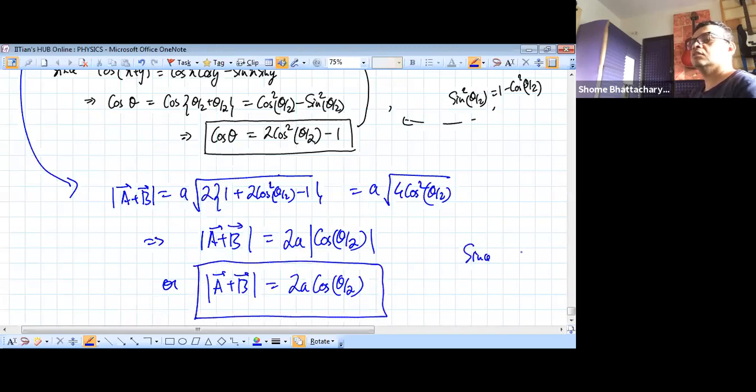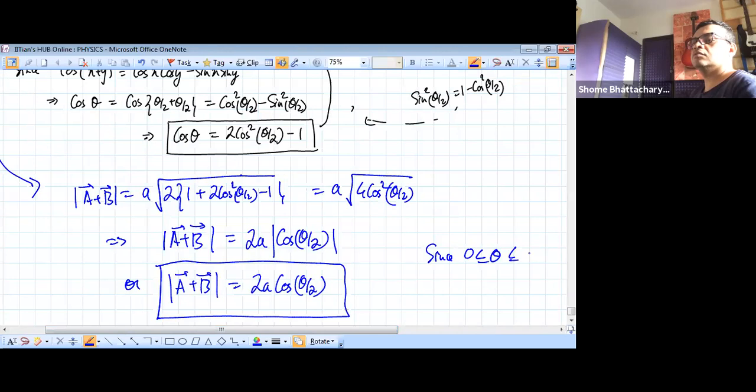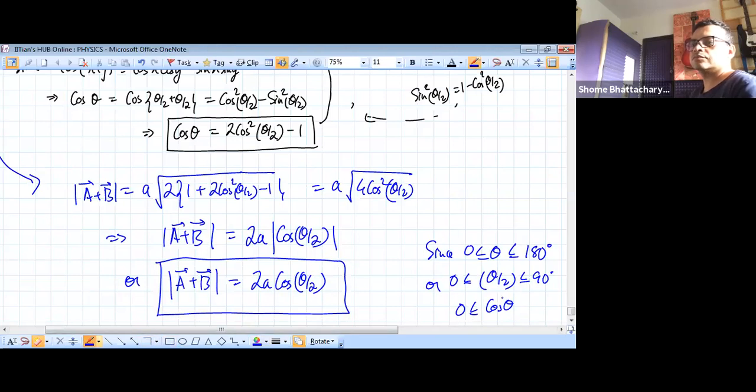So since theta is only between 0 and 180, theta by 2 is only between 0 and 90. So cos theta by 2 is only between 0 and 1. It's a non-negative quantity. So therefore, we can replace the mod with this. So this is proof the first thing, that the resultant is 2A cos theta by 2.